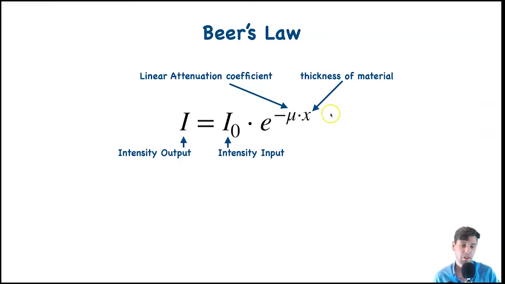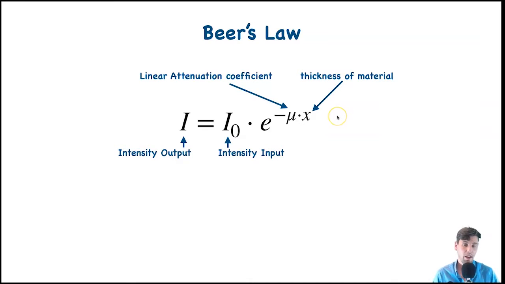That number that's less than 1 is an exponential, and the things in the power are the linear attenuation coefficient, called mu, and the thickness of the material.